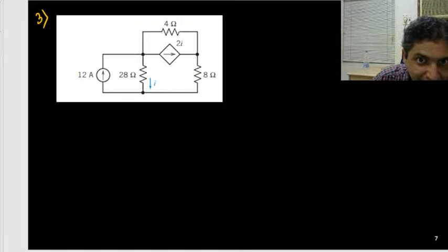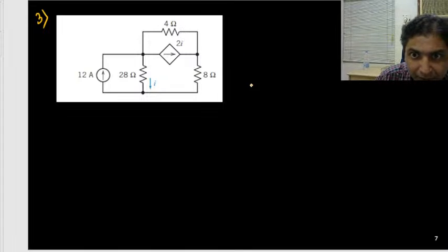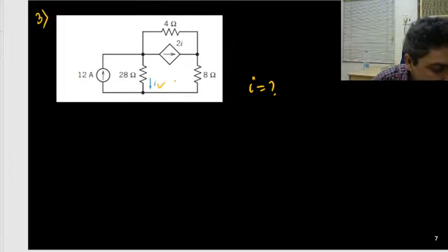Can you find the current I for this circuit? Small I, it is shown here. This one. Who can find?